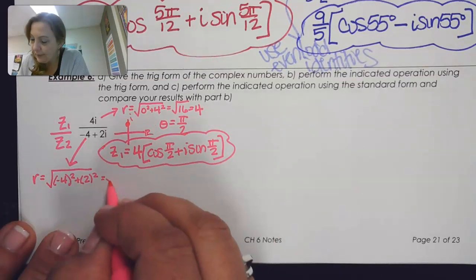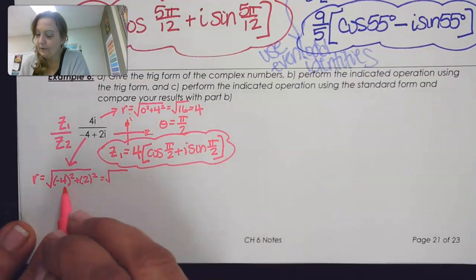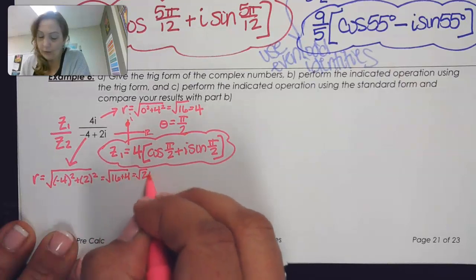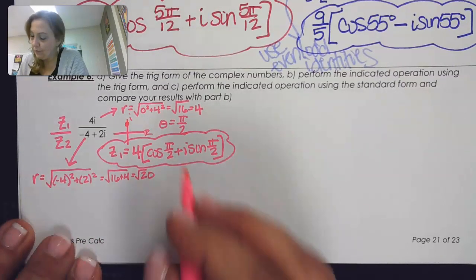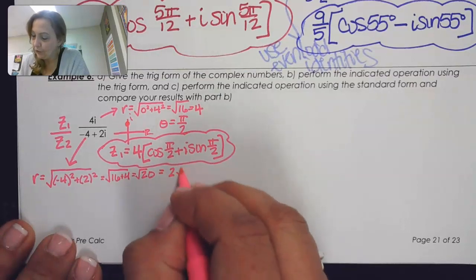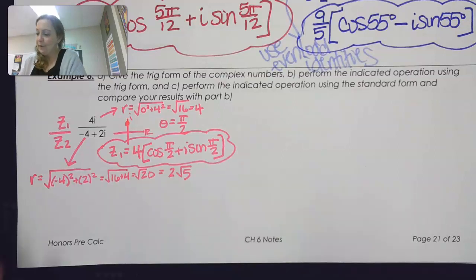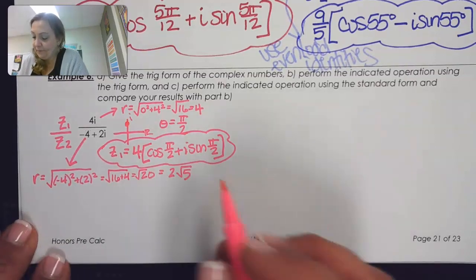So that's going to be the square root of 16 plus 4, so the square root of 20, which is going to be 2 root 5. Okay, so this time not a pretty r. So I don't want you to think that the r values are always pretty. They're not, okay?